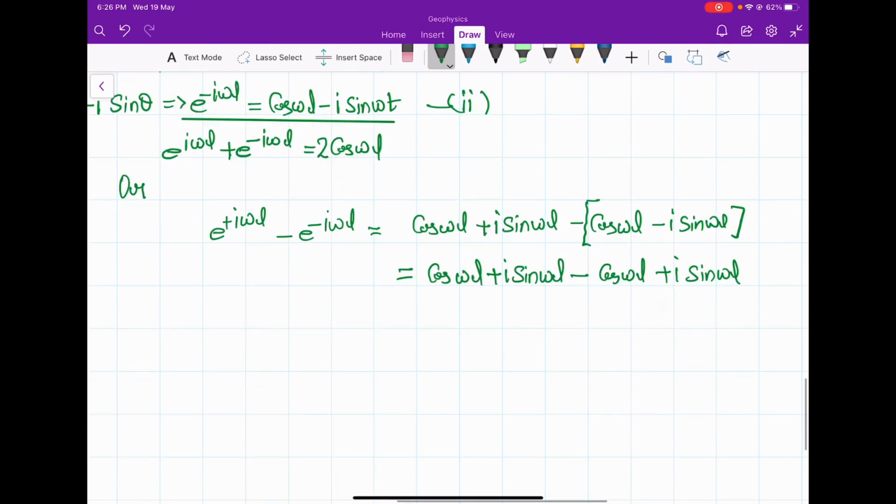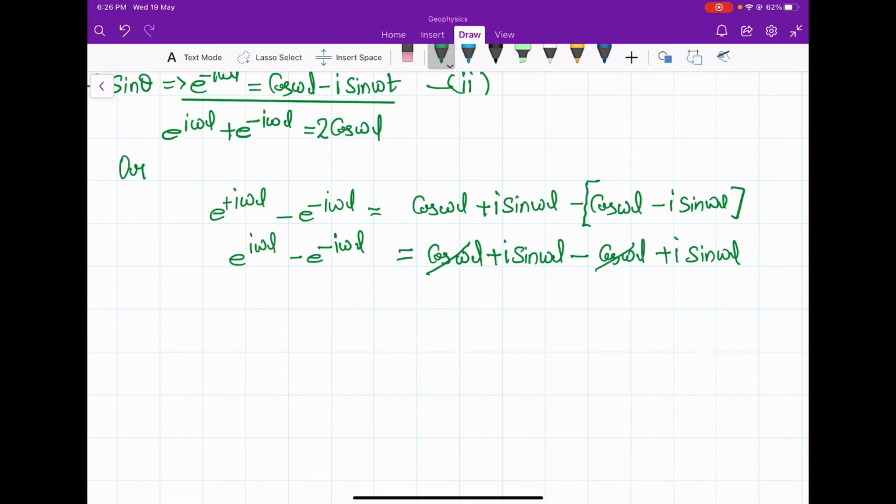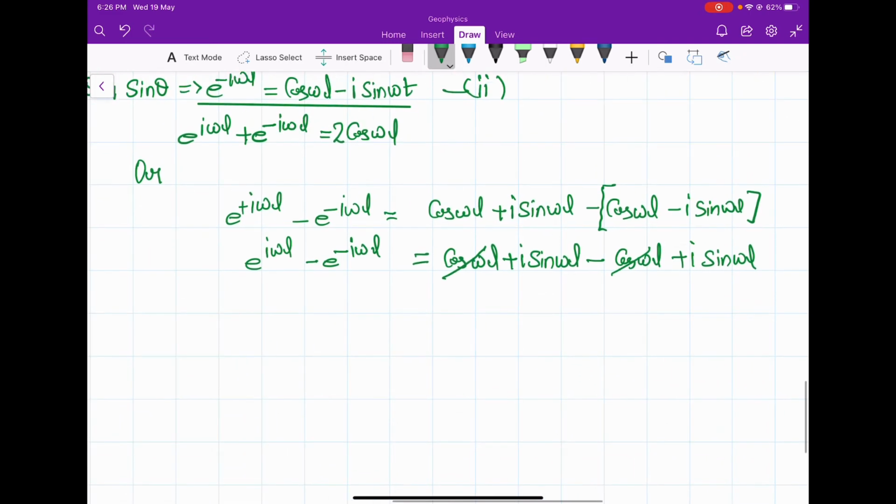So e to the power i omega L minus e to the power minus i omega L is equal to 2i sine omega L.